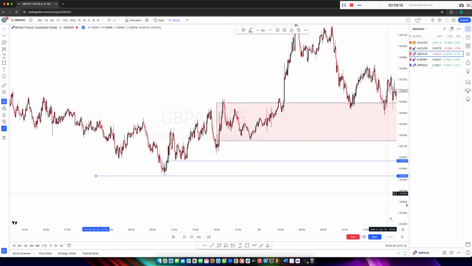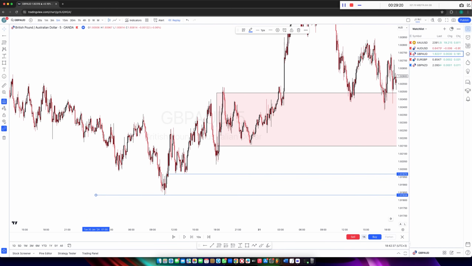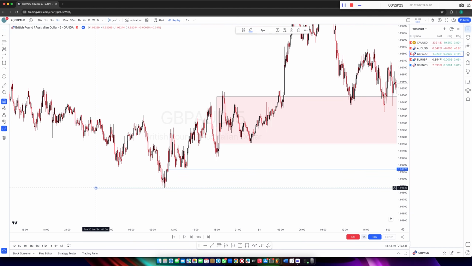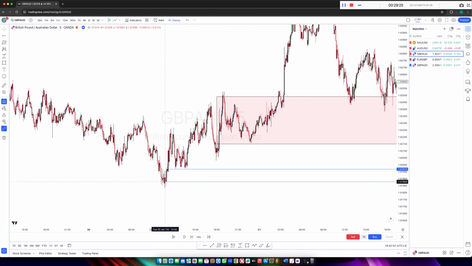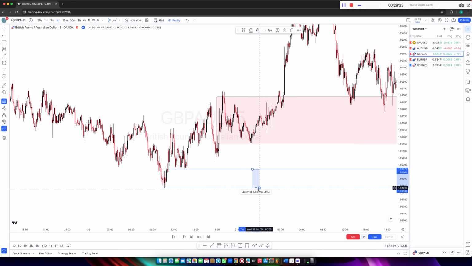As you can see, the market didn't tap that liquidity, so we will use that liquidity, and then our stop loss, we will put it below that point, and that stop loss will be maybe, let's see how many pips, 13 pips.